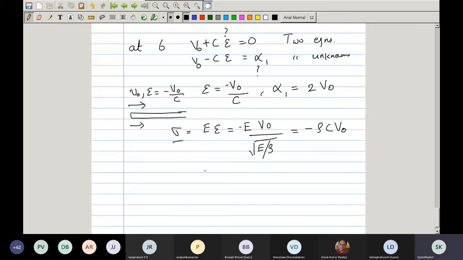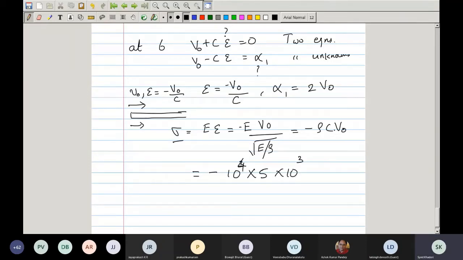So the stress which you are generating there is going to be minus rho c v naught. Let's say it's a steel bar. Density is about 7,800 kilograms per meter cubed, let's say about 10,000 approximately. Wave speed c is about 5,000.